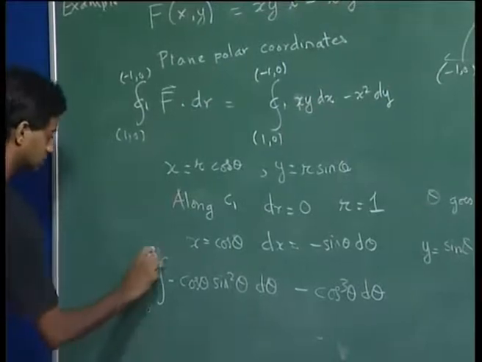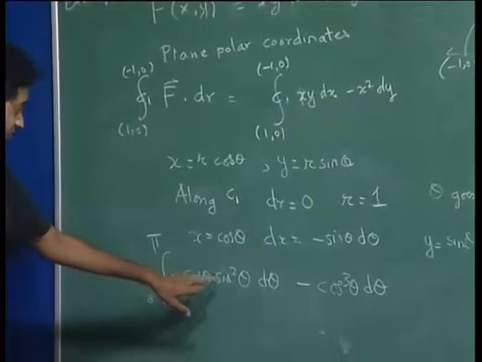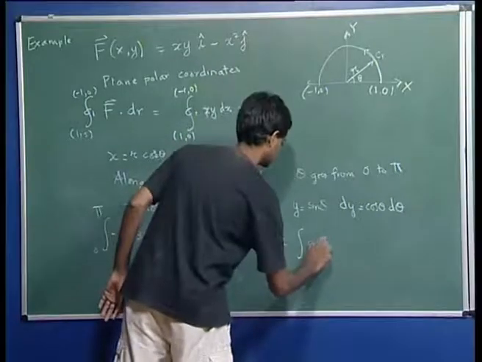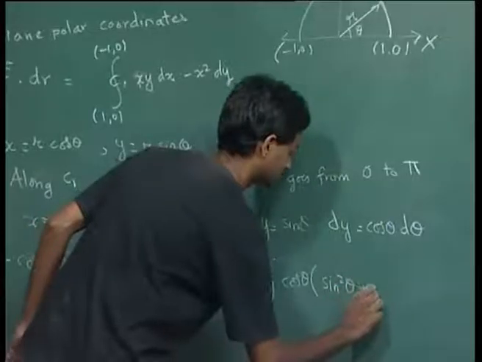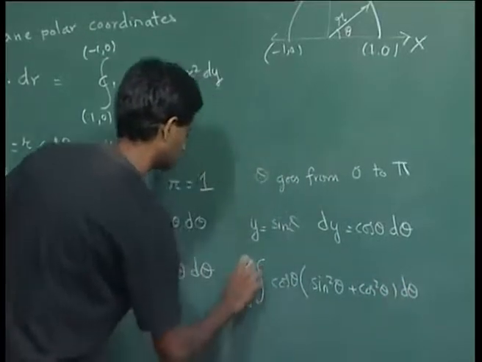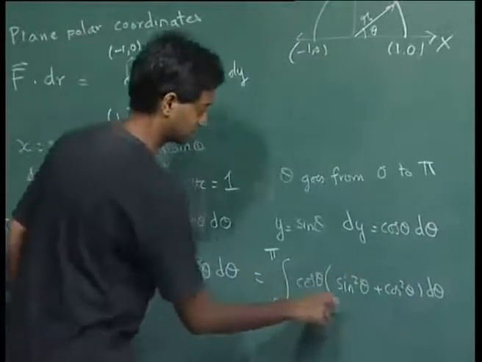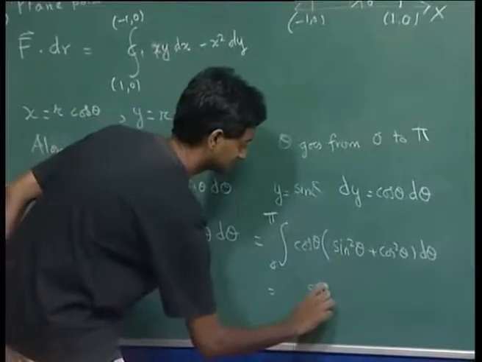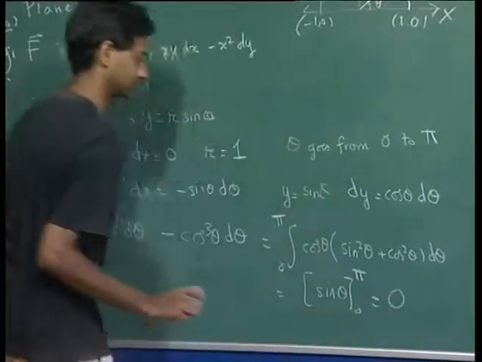Theta from 0 to pi. Okay, and if I take the cos theta common, then this is equal to integral cos theta (sin square theta plus cos square theta) d theta from 0 to pi, and this whole thing is just equal to 1. So this is integral of cos theta, which is sin theta, from 0 to pi, equal to 0.